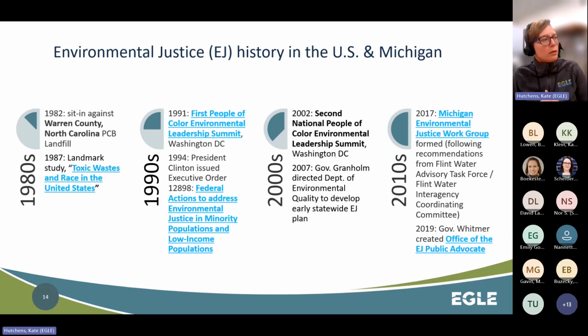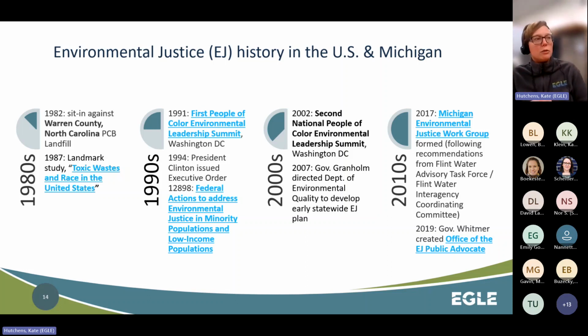There was research done through the 1980s, including a landmark study called Toxic Wastes and Race in the United States that came out in 1987. It started to show a significant effect on predominantly Black, or predominantly Hispanic or Latinx, communities in the way that toxic waste sites were being sited, meaning located. In the 90s, we started to get a little federal action.